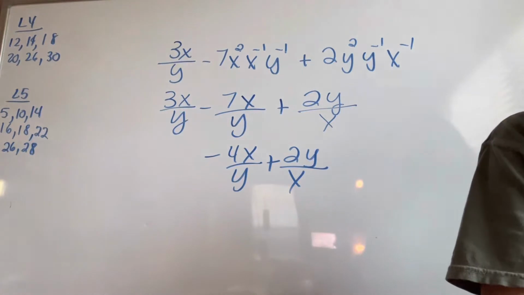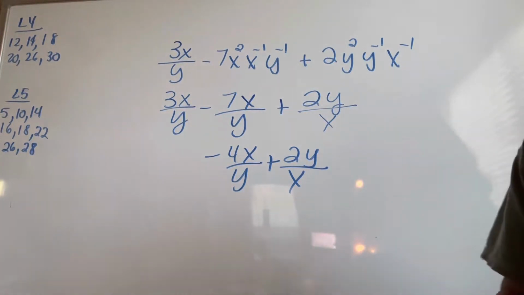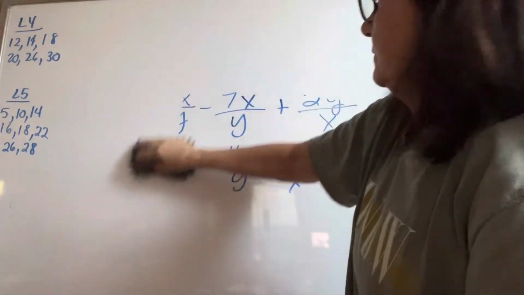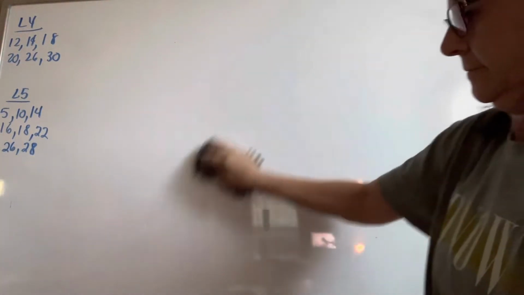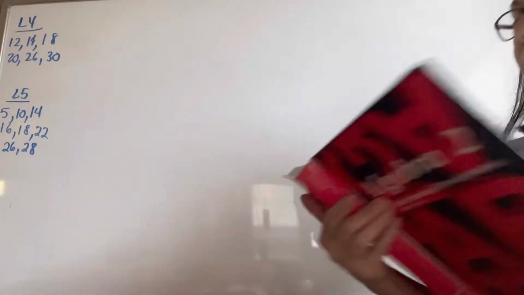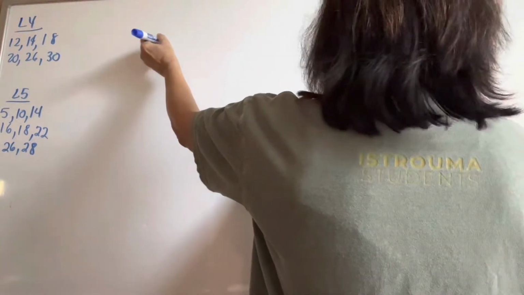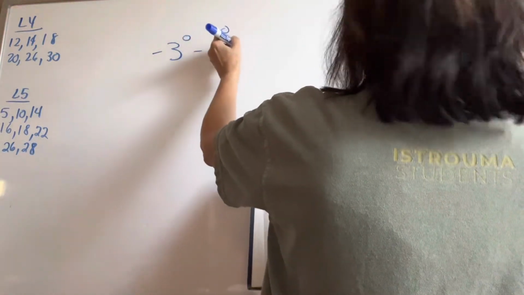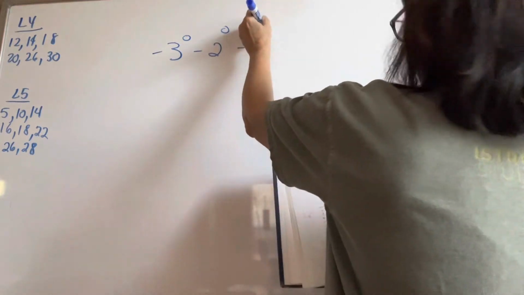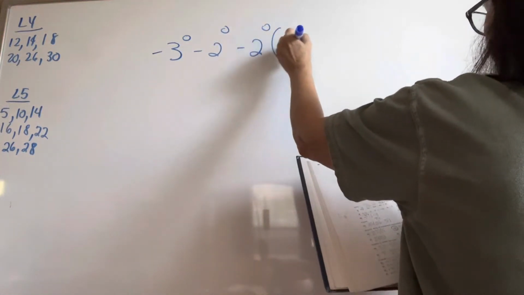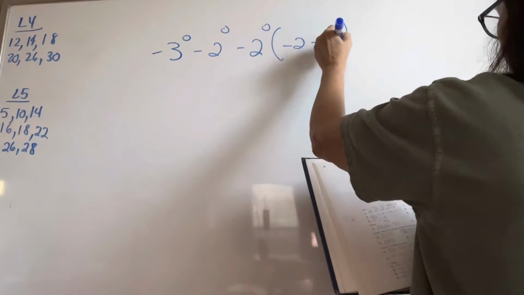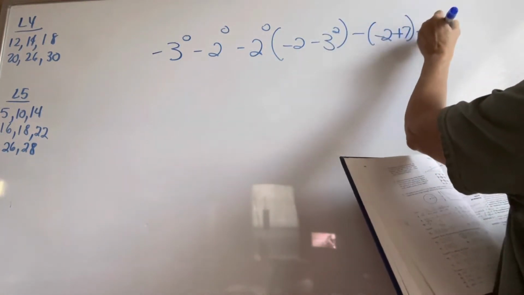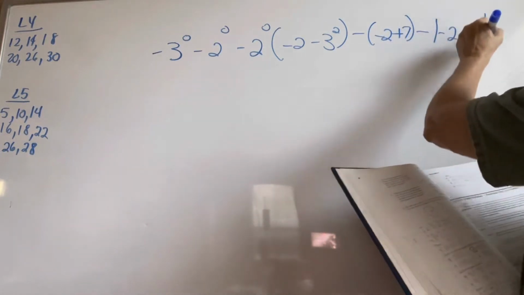Number 26 is next. We're going to simplify. Negative 3 to the 0 power minus 2 to the 0 power minus 2 to the 0 power times negative 2 minus 3 squared minus negative 2 plus 7 minus the absolute value of negative 2 minus 3.